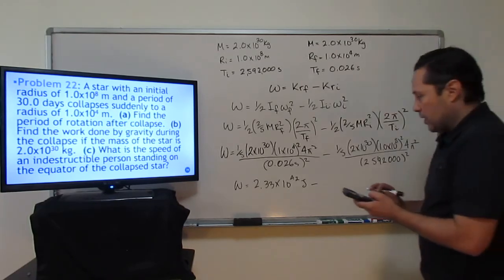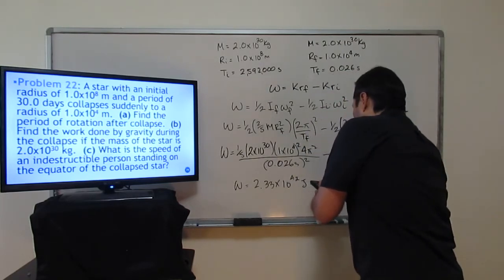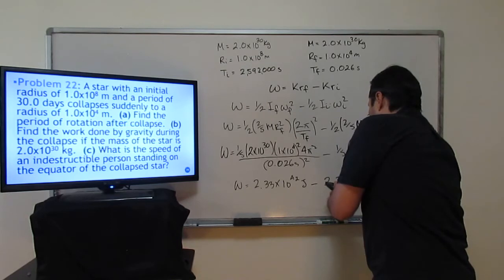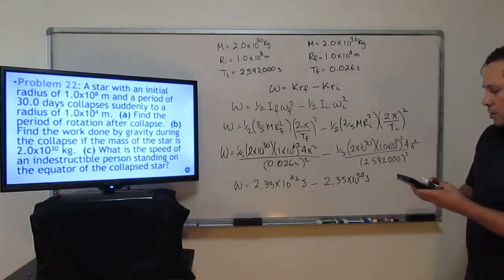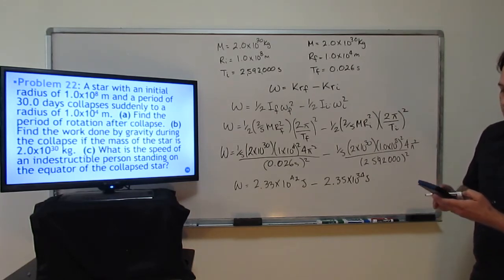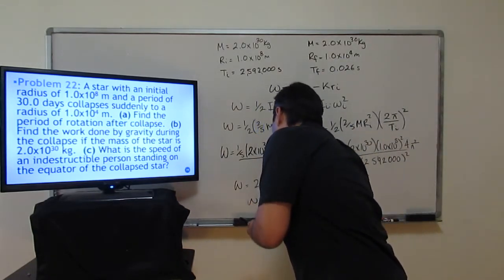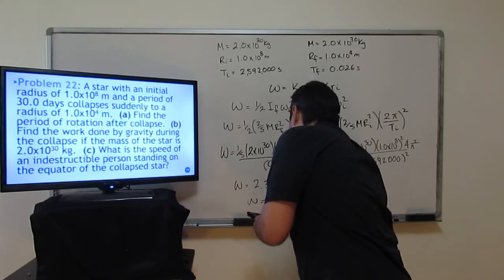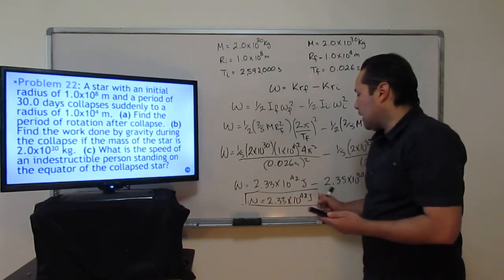It gives us the following answer, 2.35 times 10 to the 34 joules, and then we subtract 2.33 times 10 to the 42 minus our answer. It gives us 2.33, just about the same value. If we round it up, 2.33 times 10 to the 42 joules of energy done as the planet is collapsing.